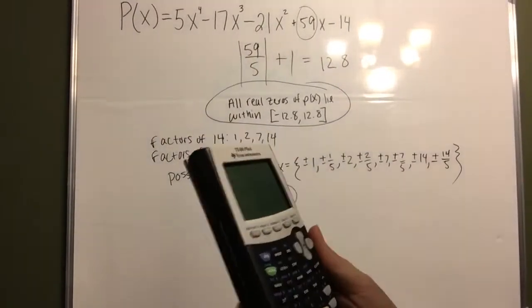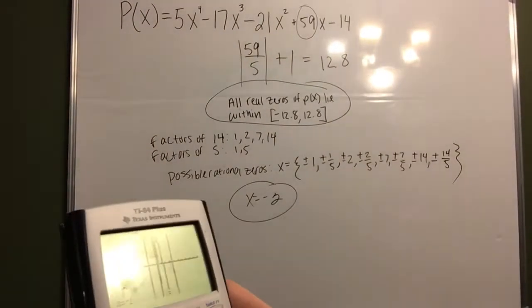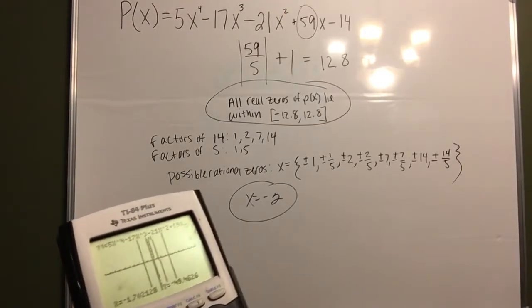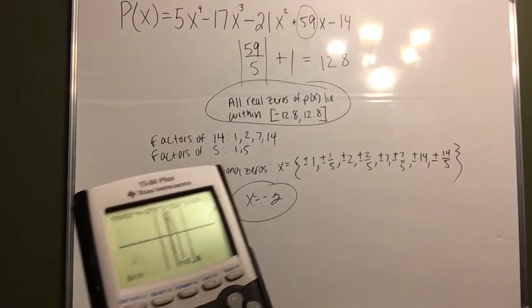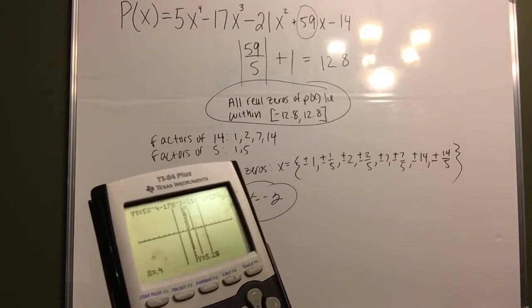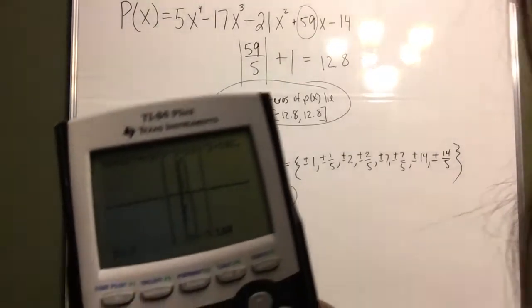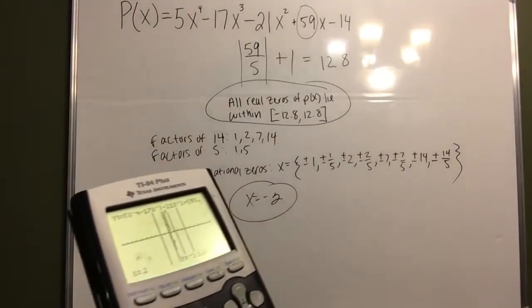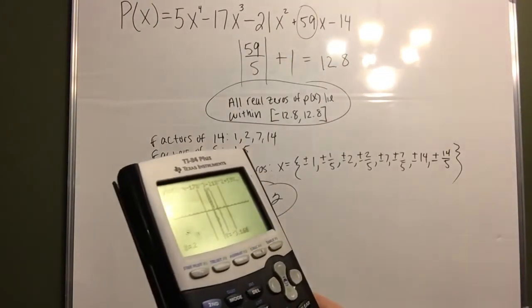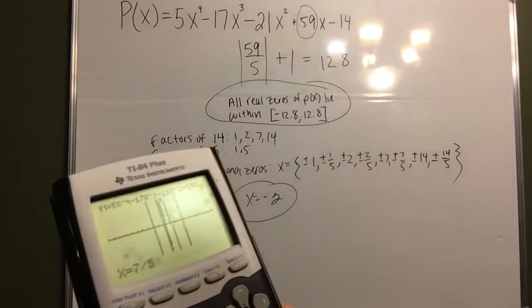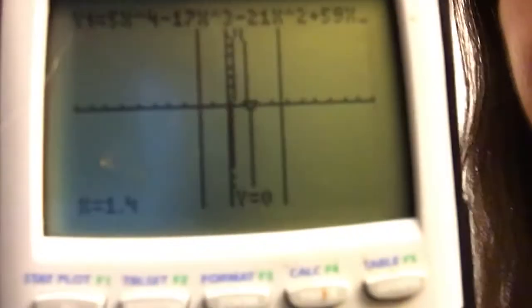What else works? I don't remember, so I'm gonna have to try this out here. Maybe it was 2/5. No. Was it 1/5? Nope. Was it 7/5? Yes. 7/5 works.